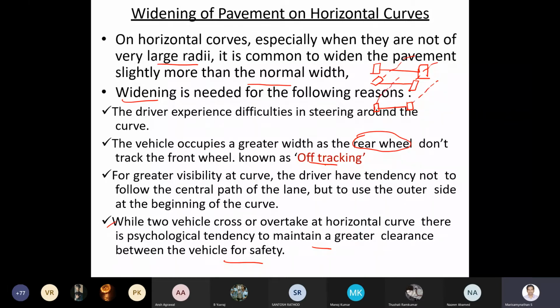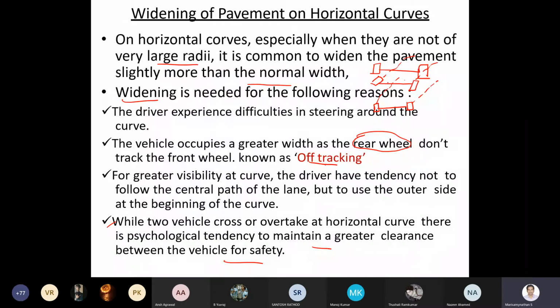This kind of mismatch, we can say, means that the rear wheel does not follow the exact path that the front wheel followed. That phenomenon is considered off-tracking. So this is the thing.